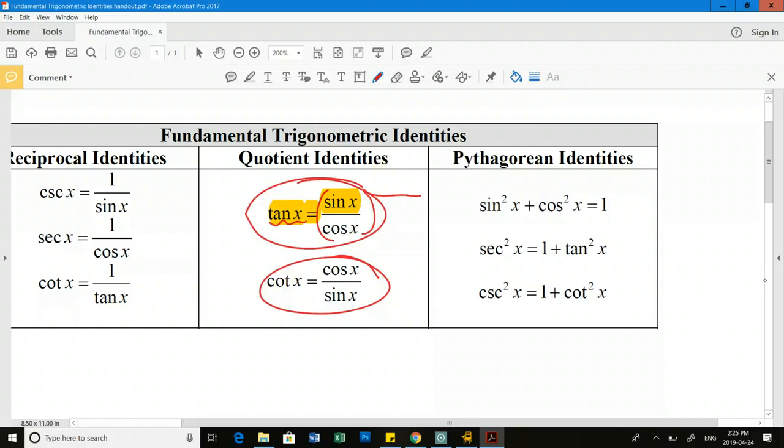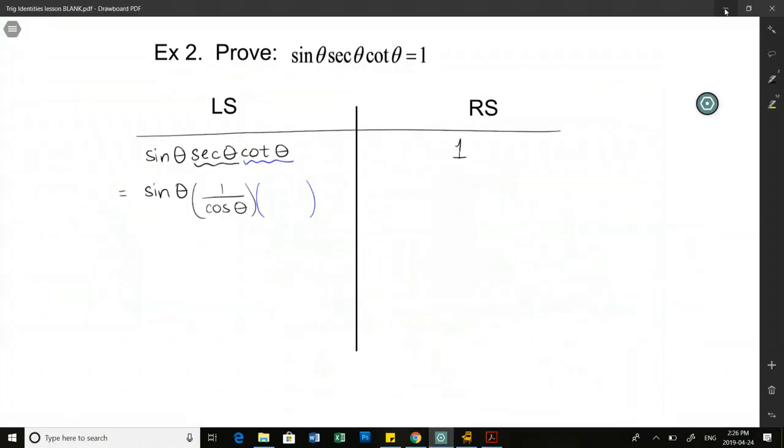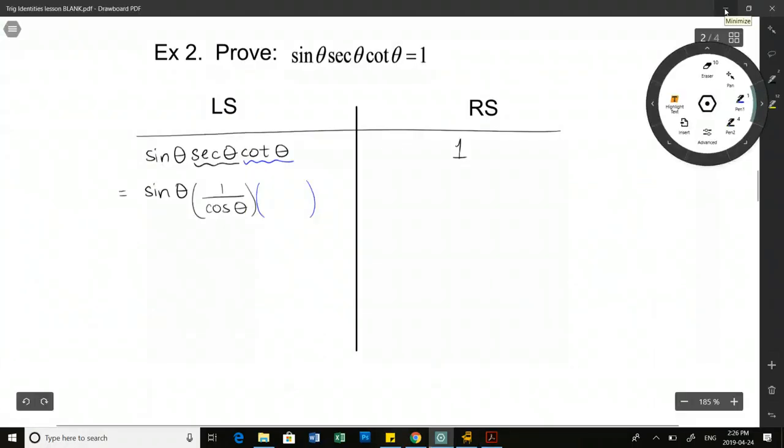So I usually defer to using that middle one. You can still get there, but you're going to have to do a couple more steps if you sub in 1 over tan x. Doesn't mean I never use it, but usually I'll end up using this one. So cotangent x is equal to cos x over sine x. And because we're using thetas, it's going to be cos theta over sine theta.